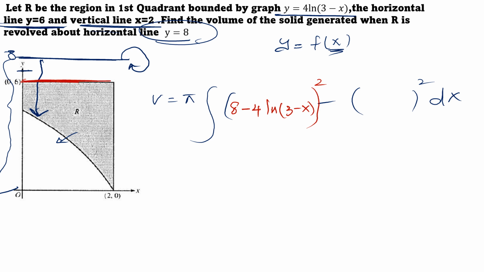This line is 6. The y value is 6. So from where till where? The distance from here till here is 8 minus 6. Now what are the x values or the limits? From 0 till 2. From 0 to 2.